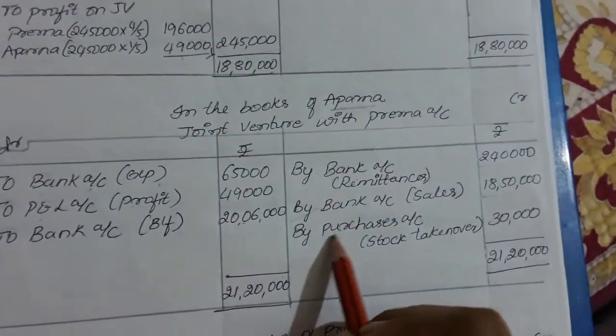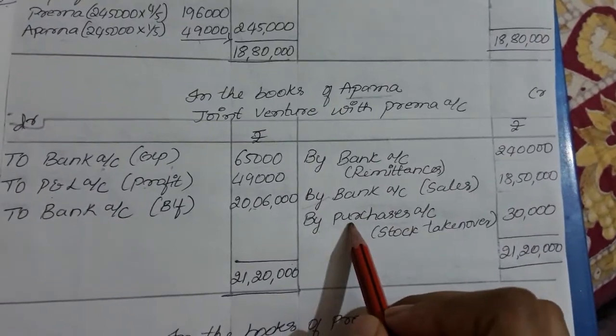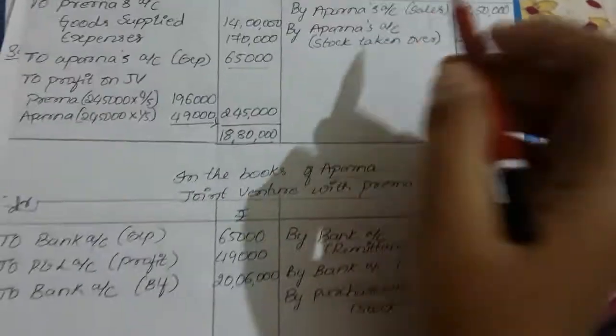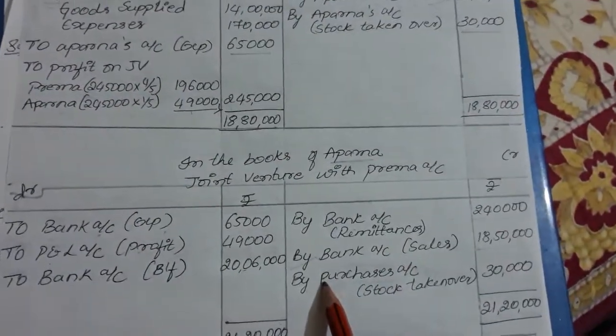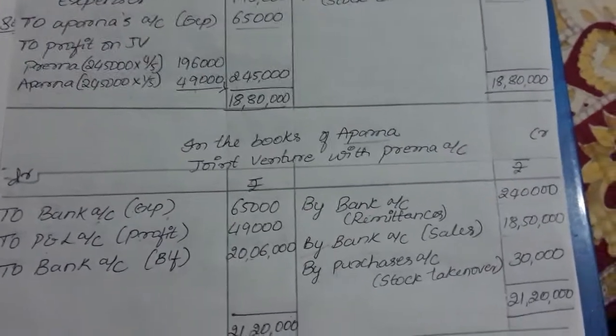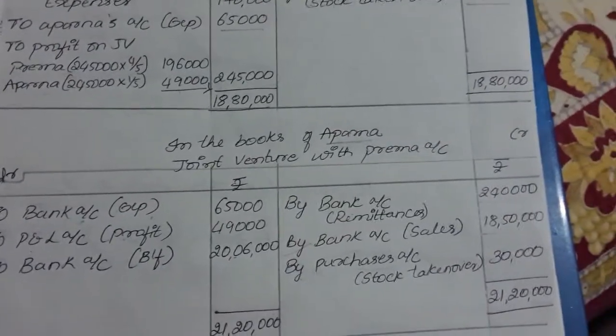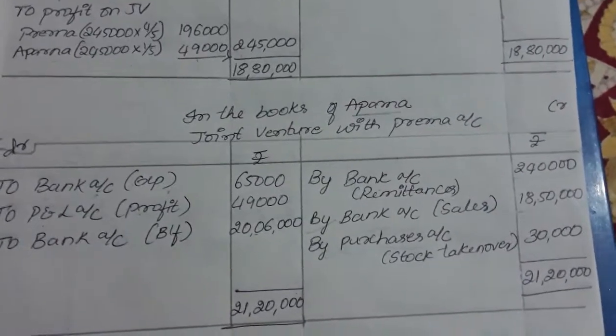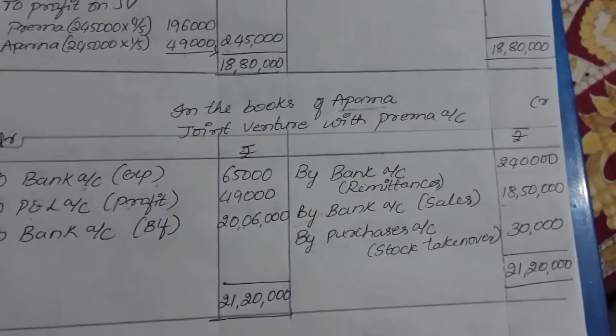And purchases: why is it recorded as purchases to stock account? Here we wrote it as Aparna's account. When we take the books of Aparna, whatever goods remain and she has taken over are a purchase for her own business. It relates to the purchases for her.